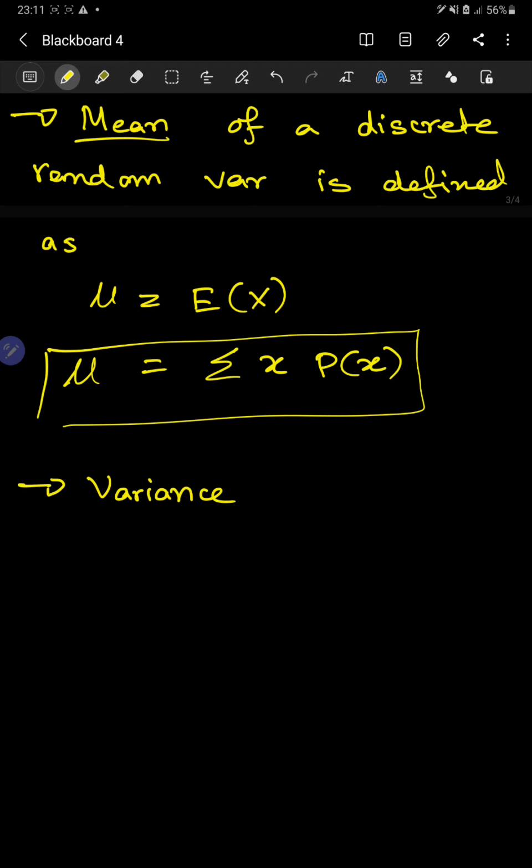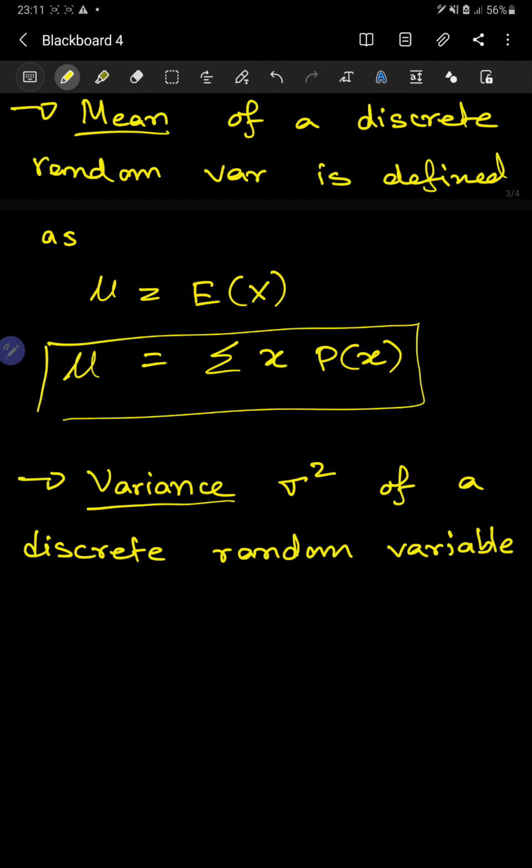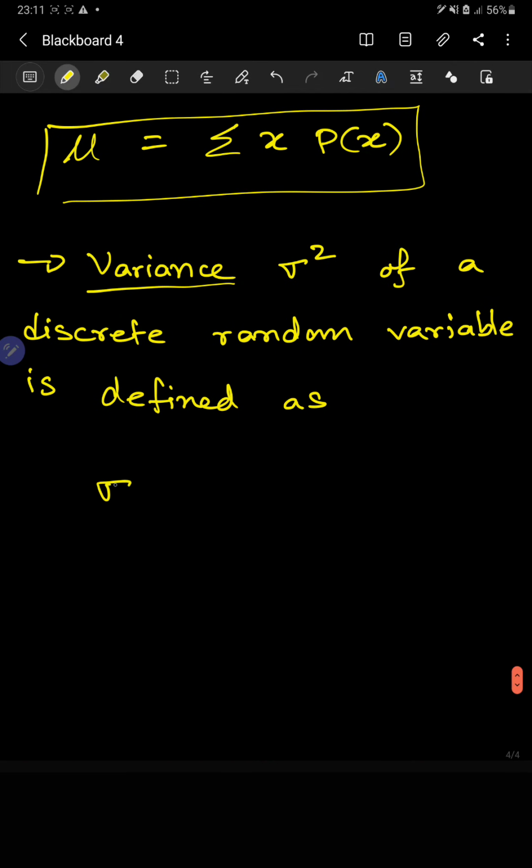The next thing we should know is the variance. So the variance is how far spread out our values are from the average value. So the variance, denoted by sigma squared, of a discrete random variable is defined as sigma squared equals the sum of (x minus mu) squared times p of x.